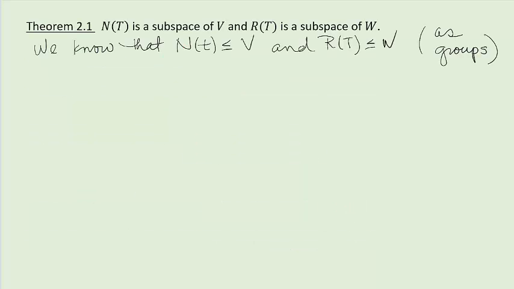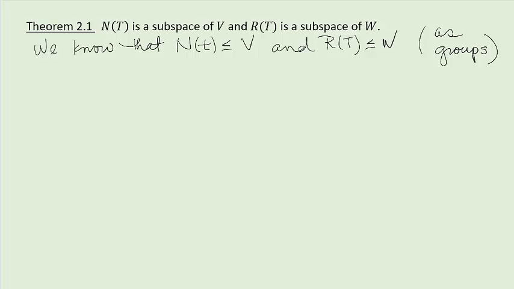So theorem 2.1 tells us that the null space is a subspace of V and the range is a subspace of W, if, of course, T is a linear transformation from V to W. Okay, so we know already that we have subgroups.